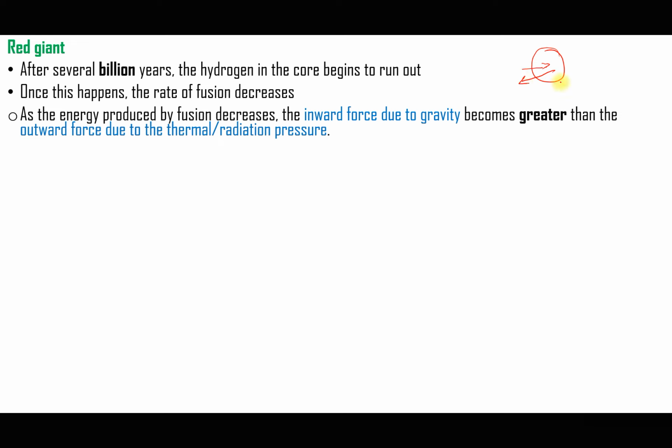As the star runs out of fuel, the fusion reaction decreases, so the energy produced decreases, which means the inward force due to gravity becomes greater than the outward force due to the radiation pressure. Because the inward force is greater, the star must collapse inwards and shrink, and as it shrinks, it heats up again.